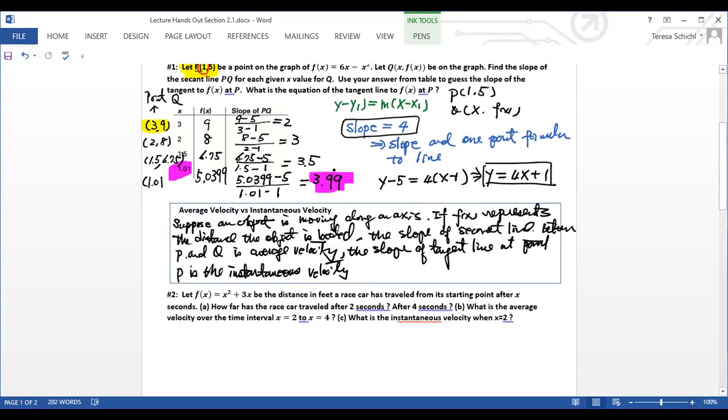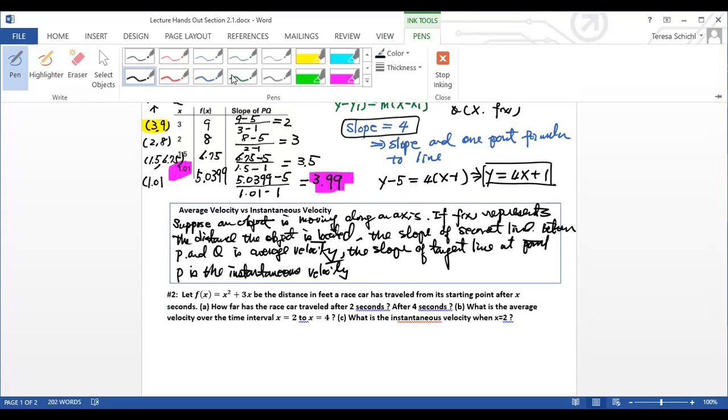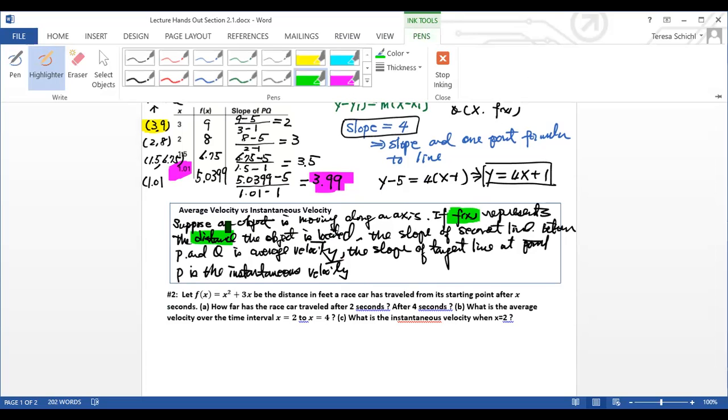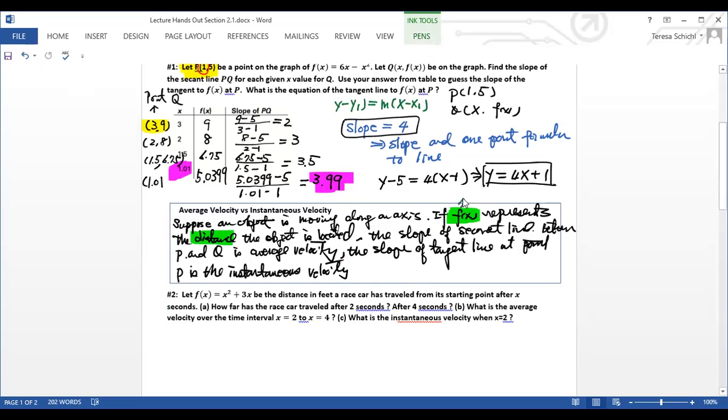Okay, so the first thing, let's take a look here. We said a function f of x represents the distance where the object is located here, right? So we typically call this a position function. That means where your object is, right?